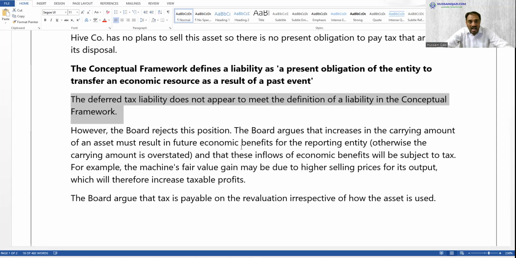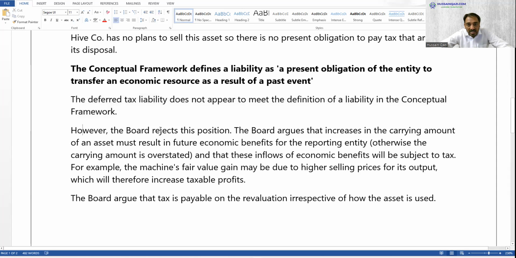Very basic. However, the board rejects this position, and the board argues that increasing the carrying amount of an asset must result in future economic benefit for the reporting entity. Otherwise, the carrying amount will be overstated, and these inflows of economic benefit are subject to tax.